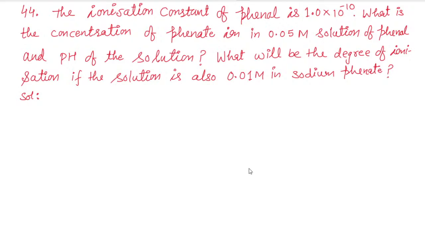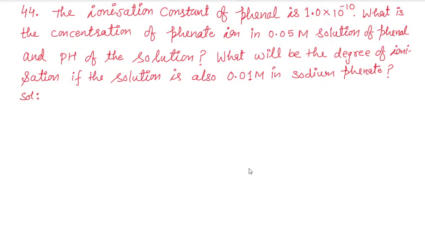So first question is, this is question number 44. The ionization constant of phenol is given to you, that is 1.0 into 10 raised to power minus 10. Now, what is the concentration of phenate ion, or sometimes we can call it phenoxide ion, in 0.05 molar solution of phenol?